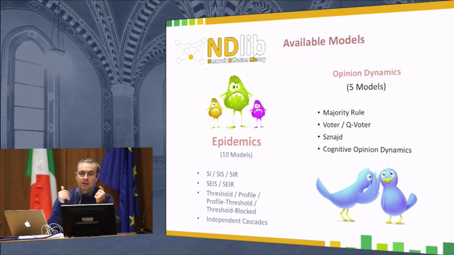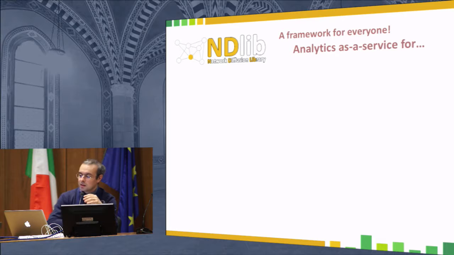On the other side, opinion dynamics models an active process of diffusion. So you see someone retweet a content, and you decide if you like it, and if you like it, you can decide to share it again. So basically, this dualism, active-passive, is what separates epidemics from opinion dynamics.